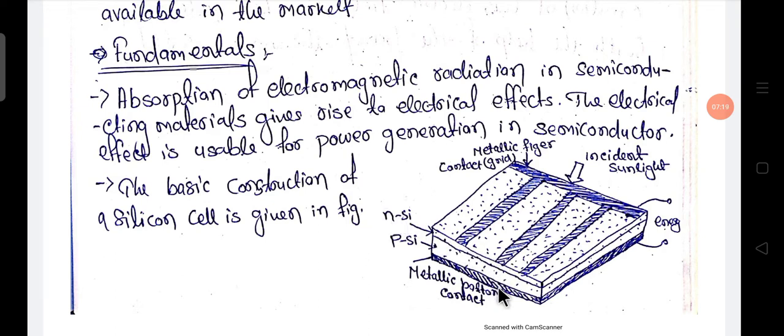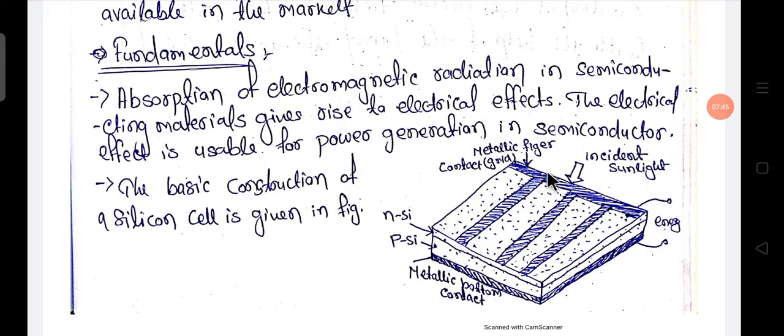So a PN junction is formed. There is a bottom metal contact and an upper metal contact. Those two contacts act as the two poles of the solar cell, positive and negative.